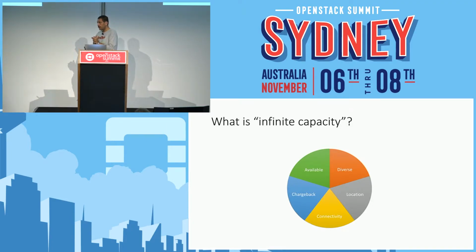Which brings me to the whole concept of what is infinite capacity and why the hell does infinite capacity matter? We have a cloud which is in 50-something physical locations. Over time, we expect this number to be thousands of locations. And from our perspective, what exactly is the cloud? It's not just things sitting in a data center.